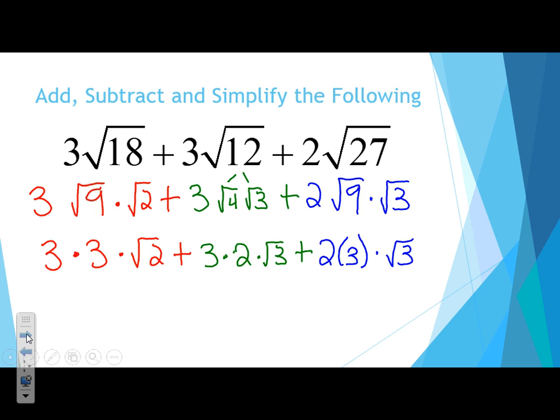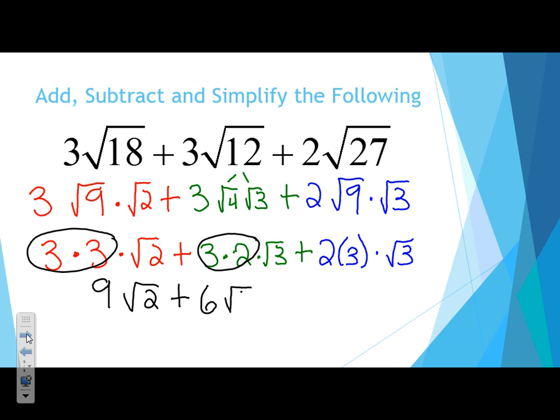Now we're going to simplify all of this. So I'm going to get 3 times 3, which is 9 times the square root of 2 plus, right here, 3 times 2, 6 square roots of 3 plus 2 times 3 is 6 square roots of 3.